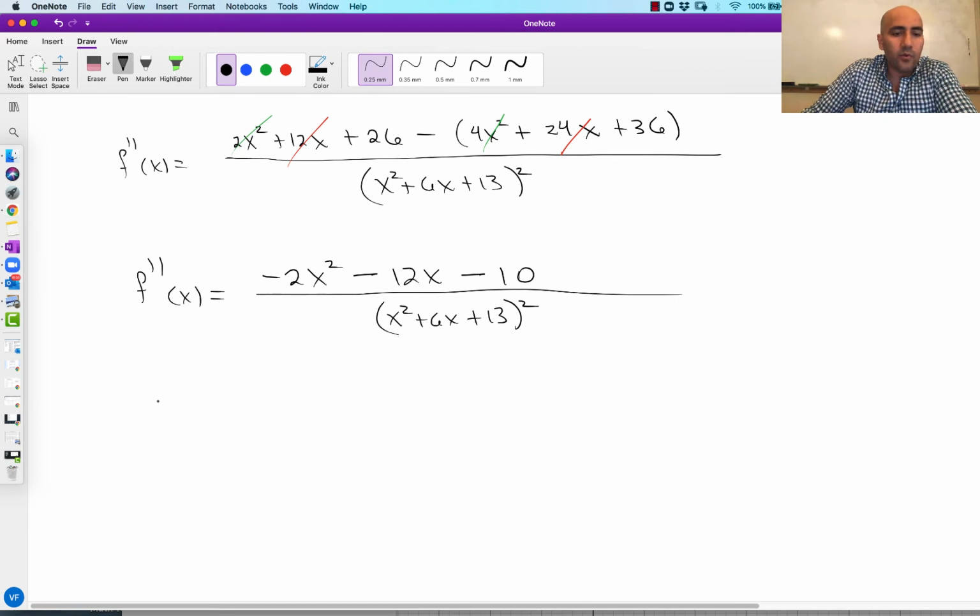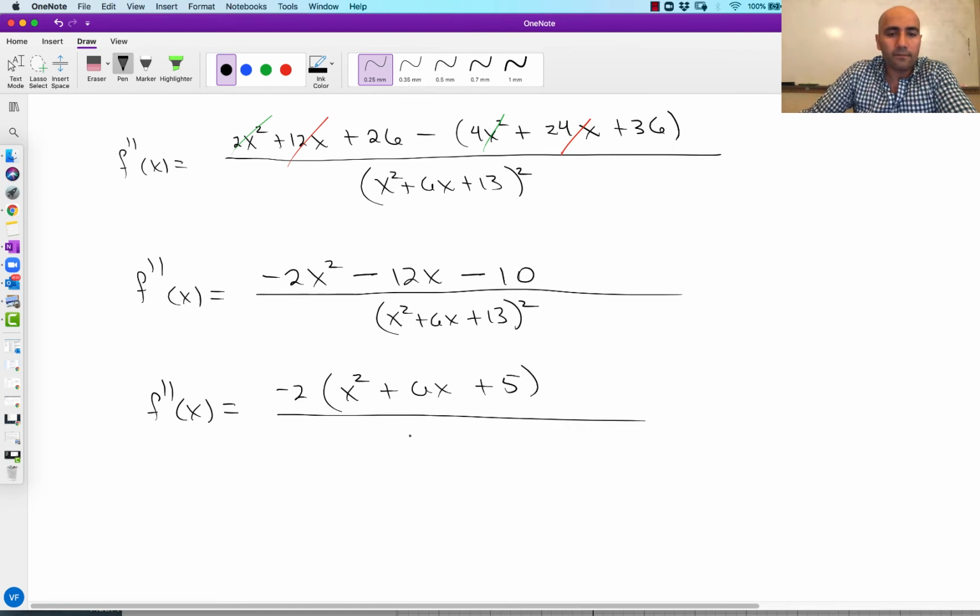And so we end up with f double prime of x equals negative 2 times x squared plus 6x plus 5 over x squared plus 6x plus 13, all squared. So two numbers multiply to 5 but add to 6.